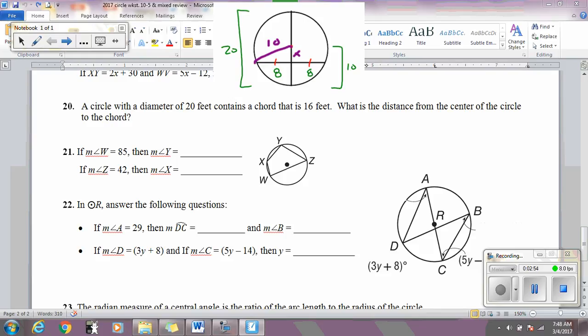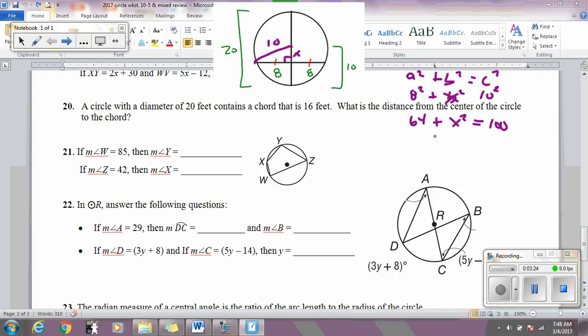So again, this is a right triangle. So we're going to use Pythagorean's theorem. A squared plus b squared equals c squared. We have c, which is 10, and we have a, which is 8. We're looking for b, which is x, sorry. So 8 squared is 64, plus x squared is equal to 100.